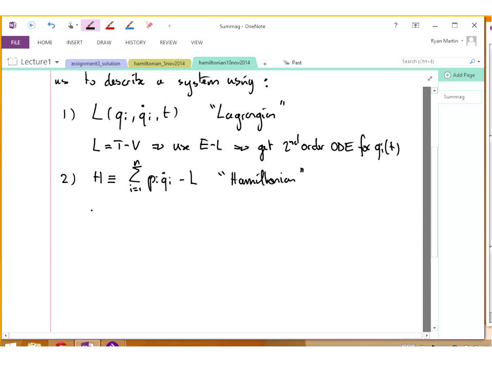So to go back and forth, this Hamiltonian, we also showed that it can be written as a function of the q_i, the p_i, and t, where p_i are the generalized momenta.